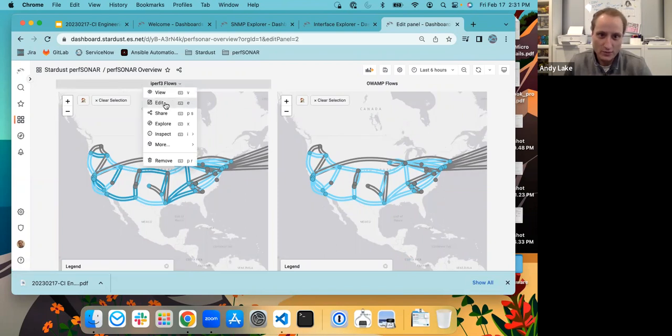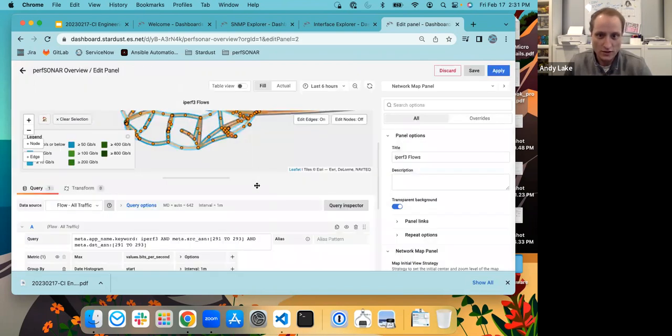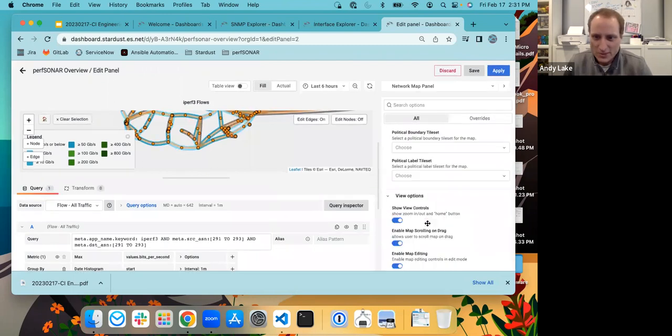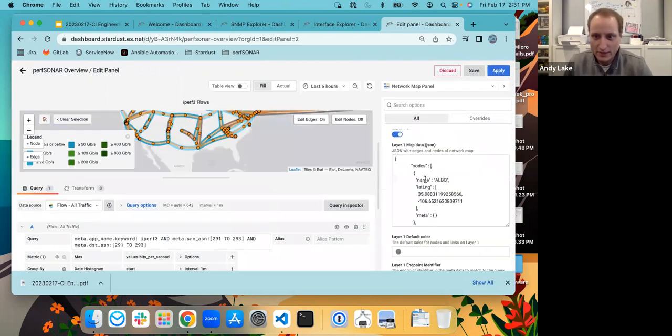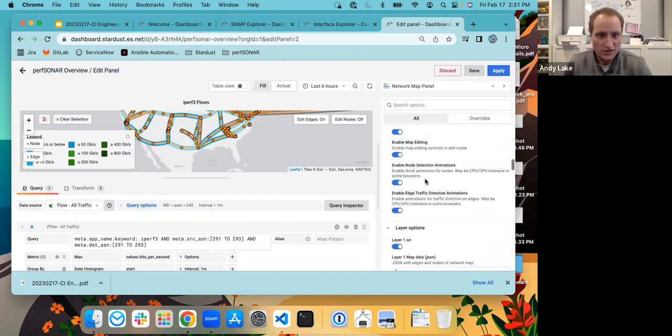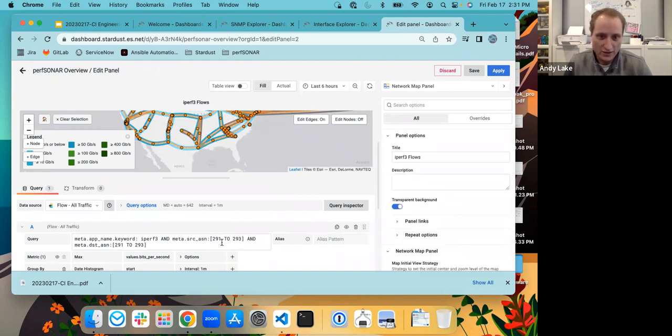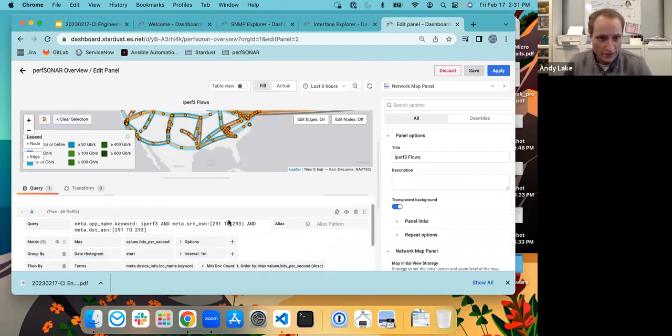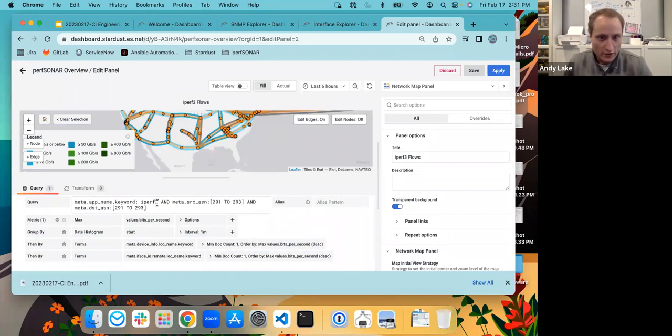If I go into the edit mode here, just so you can see what's going on. The topology is a JSON blob that we have right now that's here. We're working on turning that into a database query so it's easier to maintain. Ultimately, how we draw the lines is we build an Elastic query. All I'm asking is from the flow data, we label the application of traffic based on the source and dest ports.